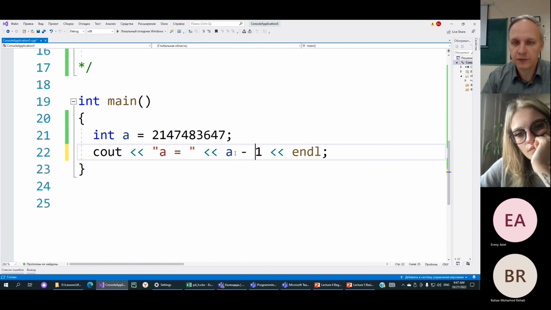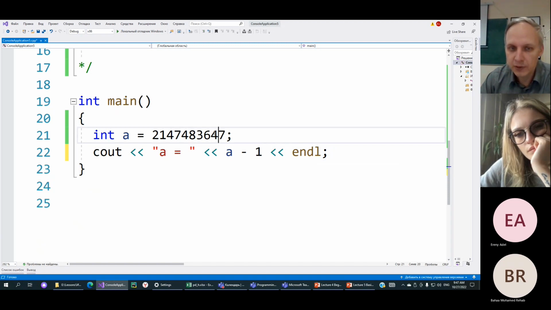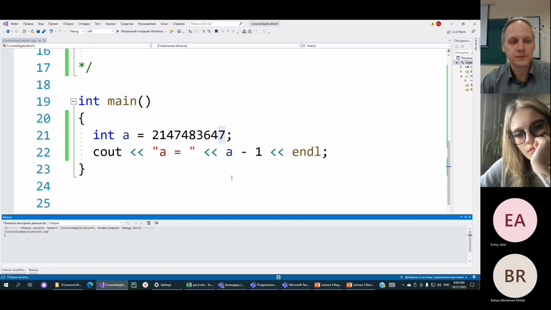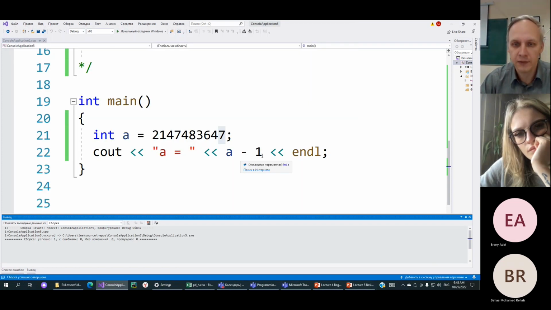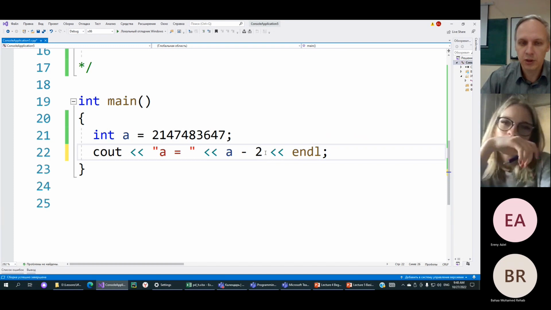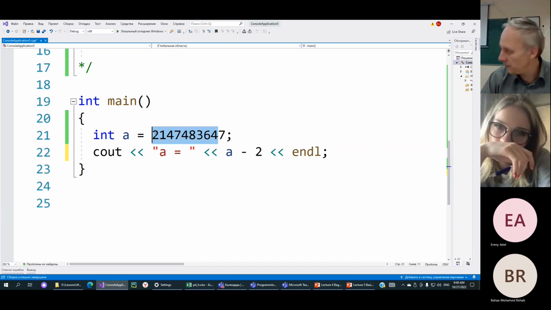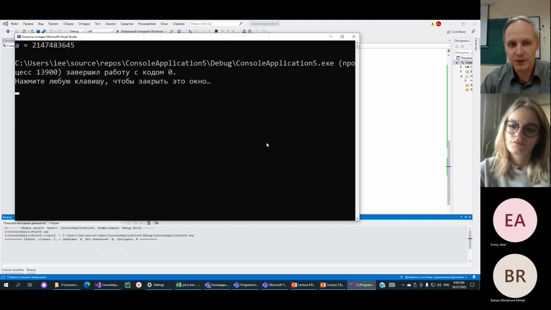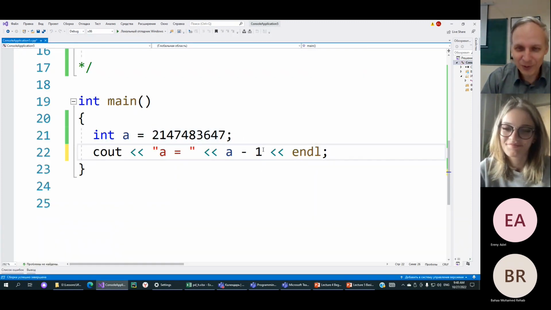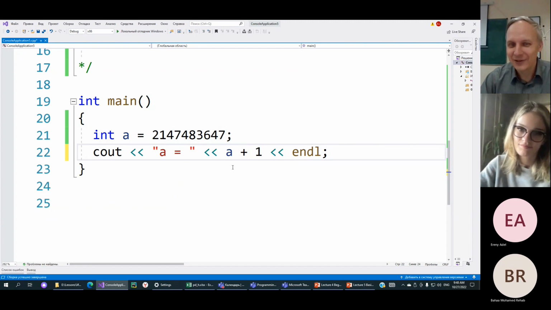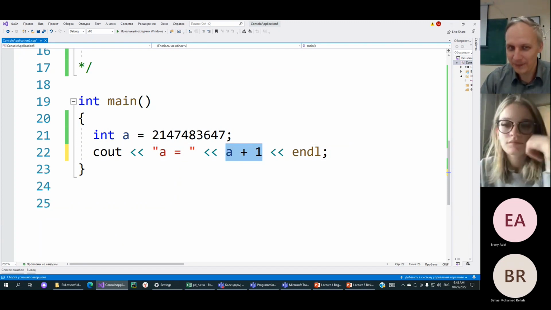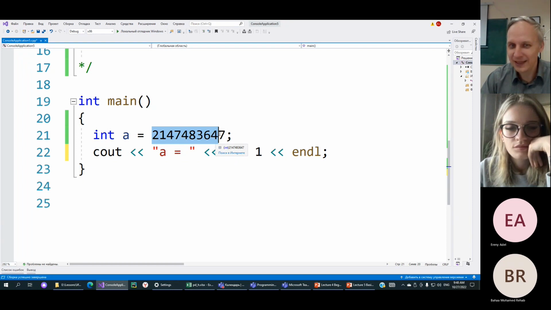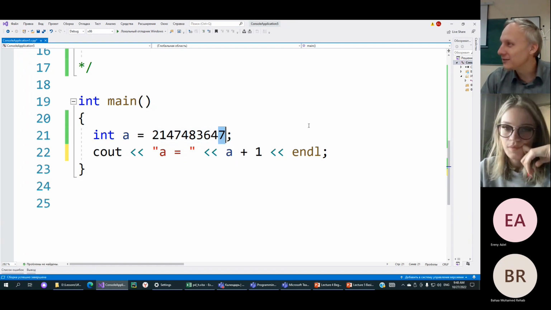If I write here, for example, -1, what will we see on the screen? This number and 6. Okay, if I write here -2, we will see this number and 5. Very simple. But what happens if I write here A plus 1?